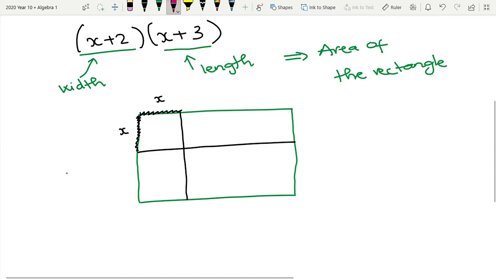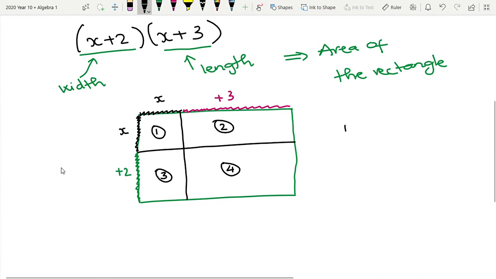And then I'm going to label this side from here to here, it's going to be plus 3, and from here to here is plus 2. Okay, so we're going to label this one area number 1, area number 2, area number 3, and area number 4.